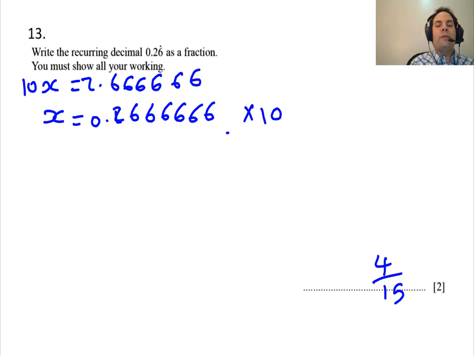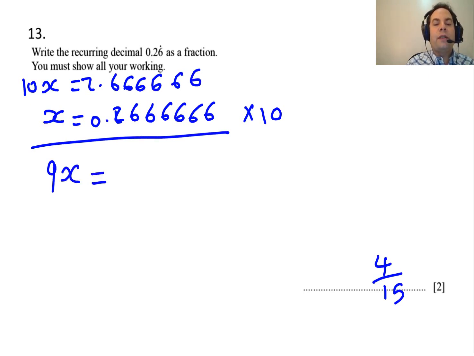If you subtract these two equations, 10x minus x is 9x, which equals 2.6 repeated minus 0.26 repeated. The repetition is the same, so we can remove it. So 2.6 minus 0.2 is 2.4.